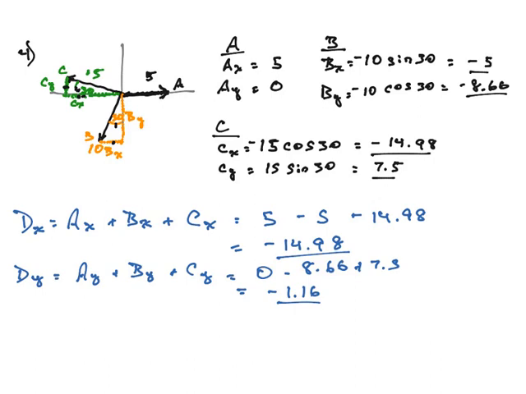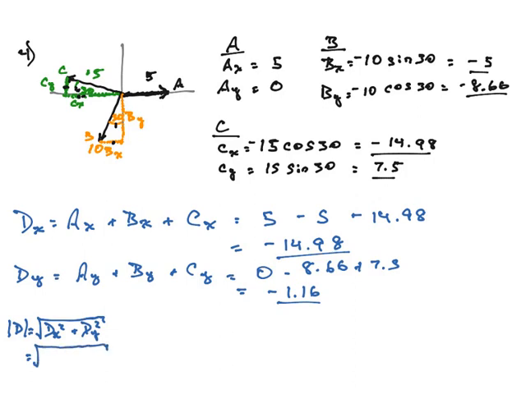All right, good. We now have our final vector, vector D, but we only have the x and y components. So all that's left, find the magnitude and the direction. Magnitude. Magnitude of D is the square root of DX squared plus DY squared, always.